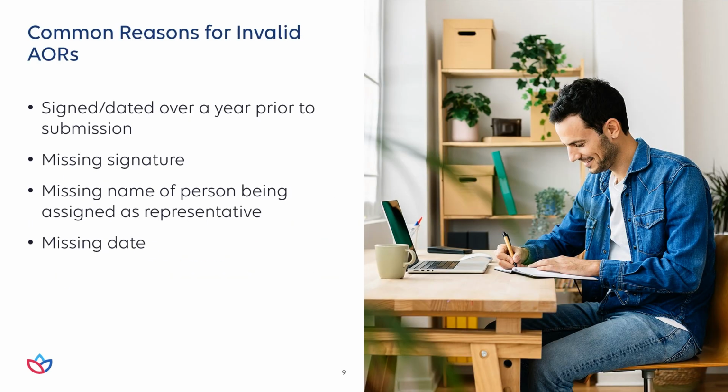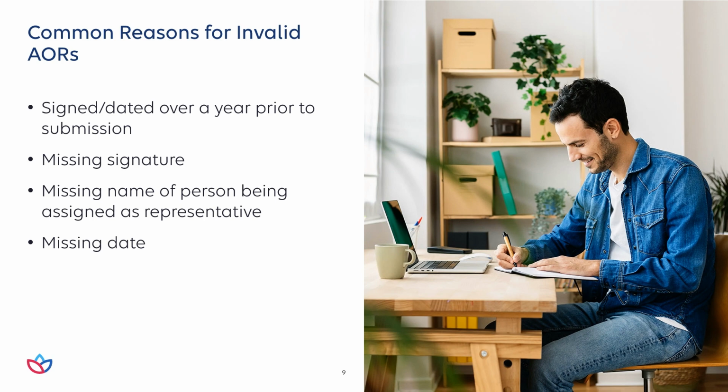So there are some issues that we have found with AORs when they're being submitted, and there are some common reasons that we've compiled why they would not be acceptable or they would be invalid. So one of those is that the AOR is signed or dated over a year prior to the submission of your appeal.